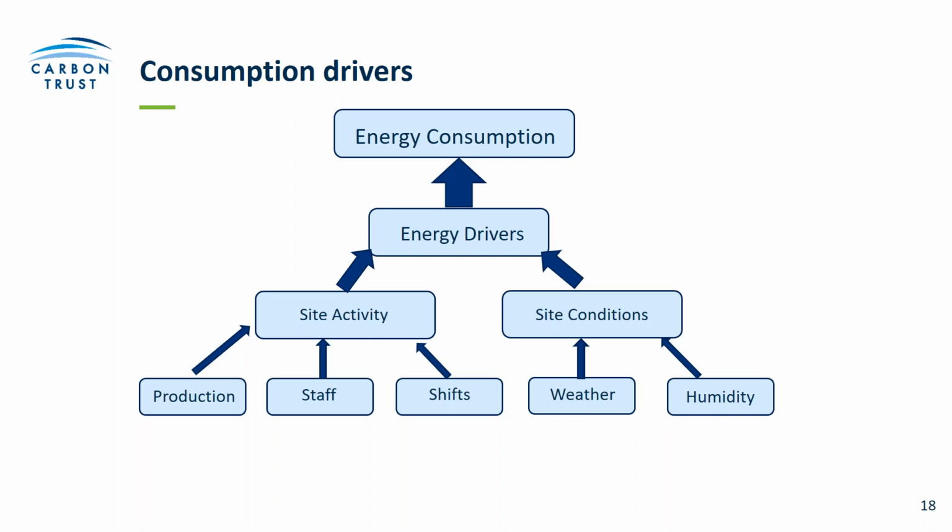We'll go on and look at what the relationships are actually like in the next few slides. From a building point of view, you're into the actual site conditions, so degree days are the biggest driver there.